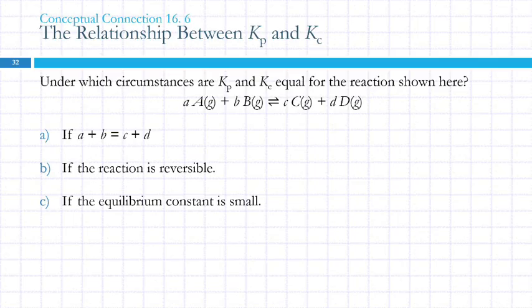Yeah, it's going to be A. Because if delta N is 0, then Kp equals Kc. And delta N is C plus D minus A plus B. So if these are equal, it'll be 0. Any questions?